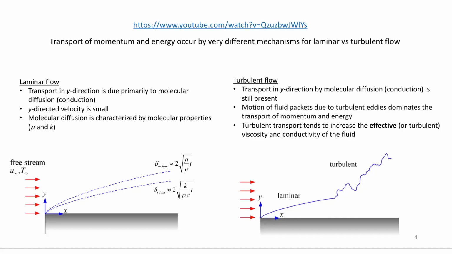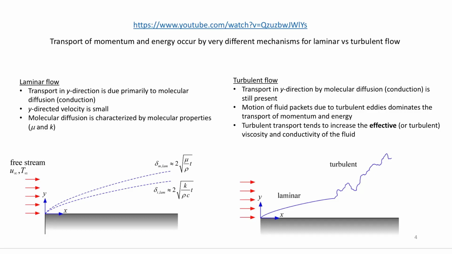It's a lot more limited than if you have a bulk of fluid, some little piece of fluid that's actually moving in the y direction, right? That transport of fluid due to motion in the y direction is orders of magnitude more important than the diffusion when it comes down to it.